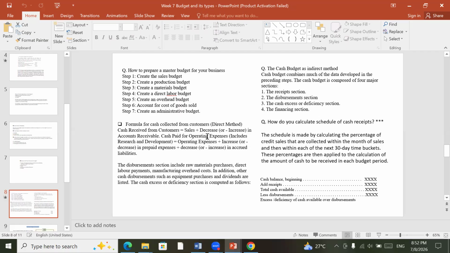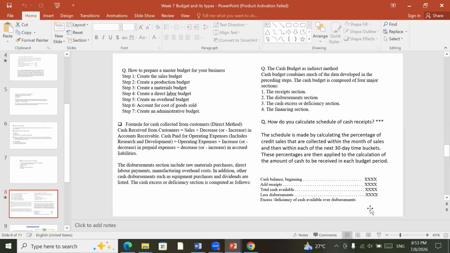So here both are given by the slide: direct method of cash schedule and indirect method of cash schedule. There is a simple formula: cash balance beginning plus receipts, total available, then less the disbursements, then you will get excess or deficiency.